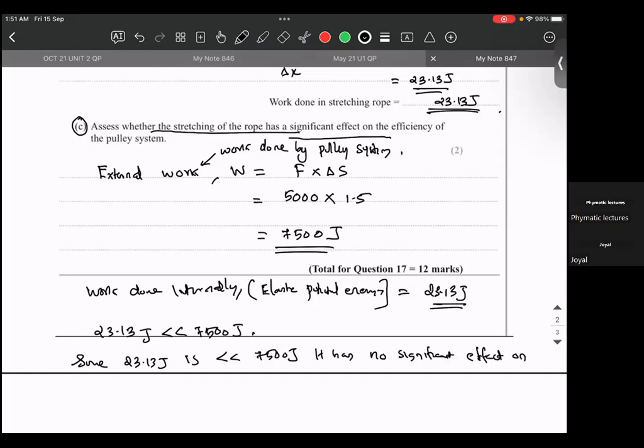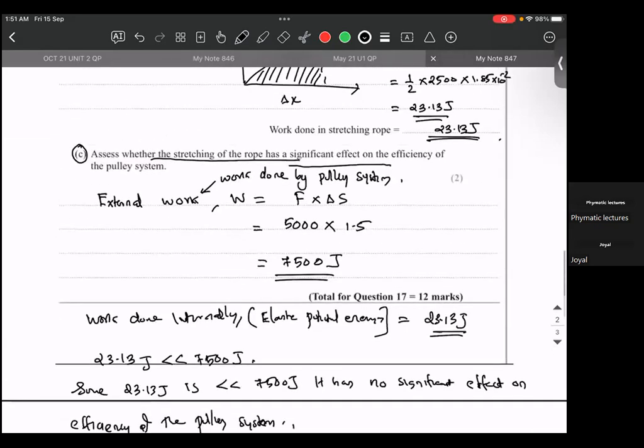There is no significant effect on the efficiency of the pulley system. So that is the answer for this C.